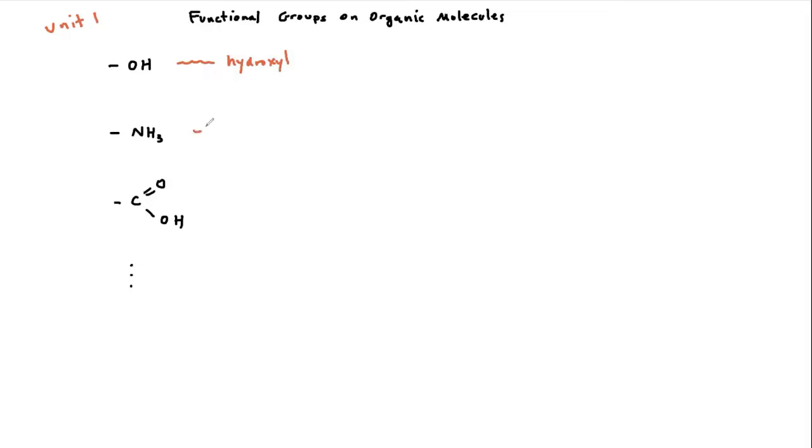We learned about amino groups. We learned about carboxyl groups, and a few others. And I promised you that there were a couple of organic functional groups that we would be coming back to much later in the semester, and here we are, right?